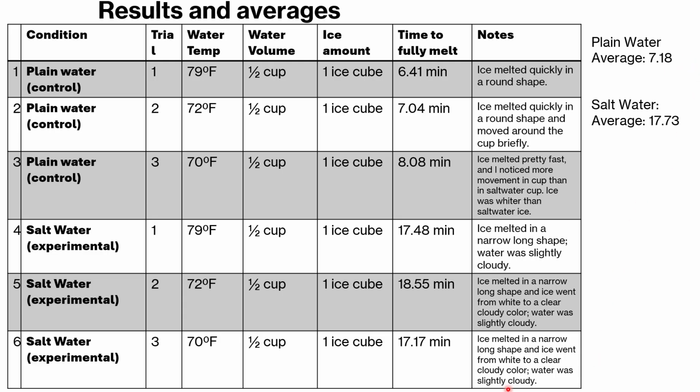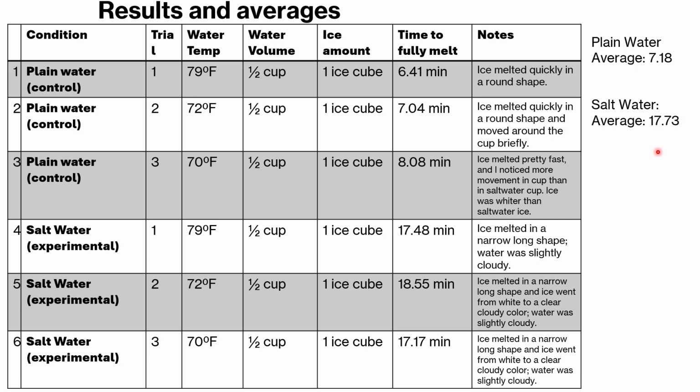Okay, and then for the salt water, the times were first trial 17.48 minutes, second trial 18.55 minutes, third trial 17.17 minutes. So that averages out to 17.73. And so that means that the salt water took about 10.55 minutes longer to melt, which is roughly 2.47 times longer.